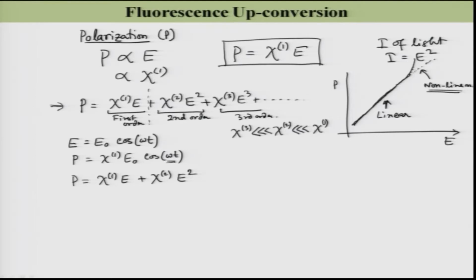It means that when the value of E is small, the contribution will only come from the chi 1 E. The contribution from the second, third, fourth terms will be negligible. The contribution from the second term will be measurable only when the E is very high, right. Then E square will be very high, and although chi 2 is much smaller than chi 1, probably we will be able to see some contribution.